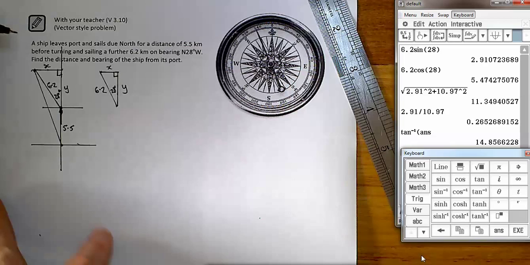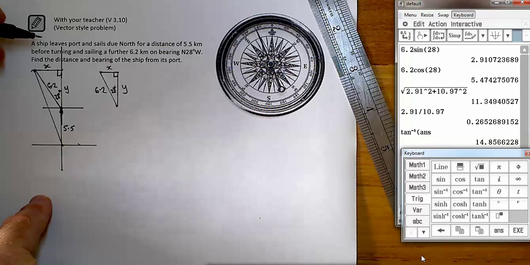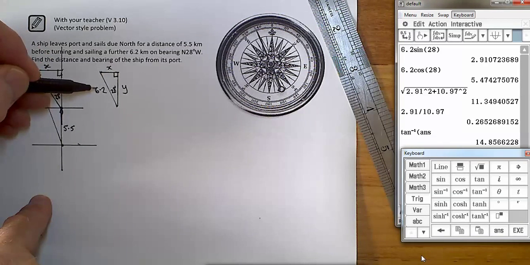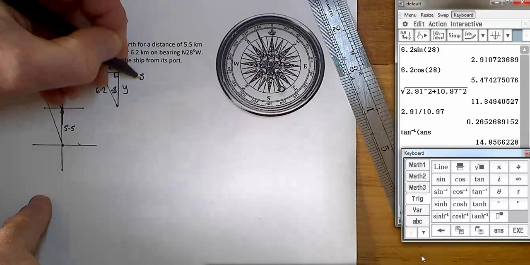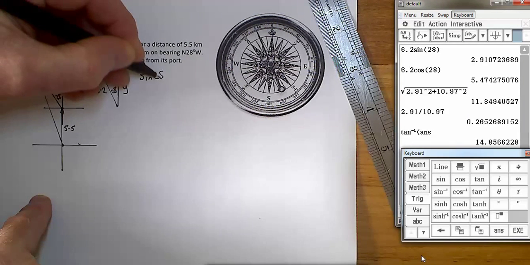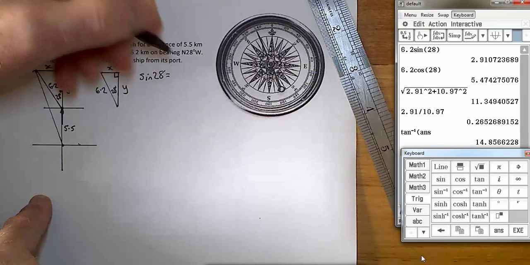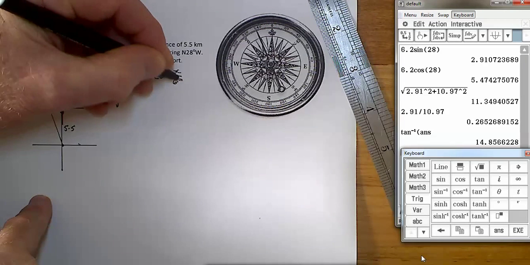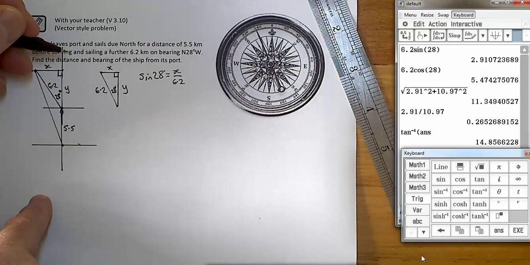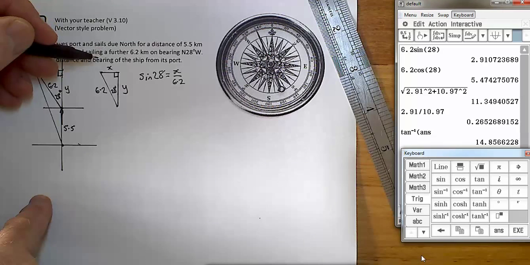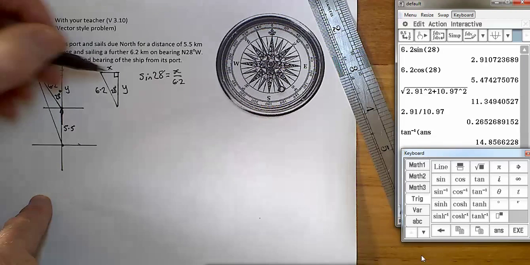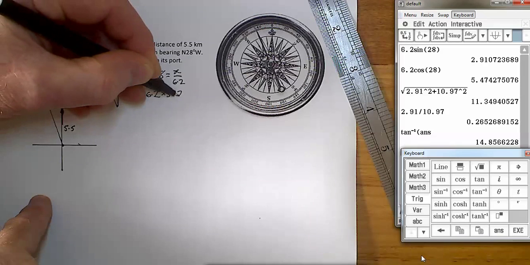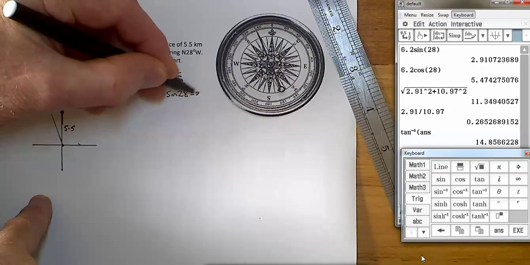Okay, but I can use trigonometry now. If I want to work out x, I'll say opposite and hypotenuse, that's sine. Sine 28 equals opposite, x, over hypotenuse, 6.2. To get x by itself in that equation, times both sides by 6.2. 6.2 times the sine of 28 equals x.